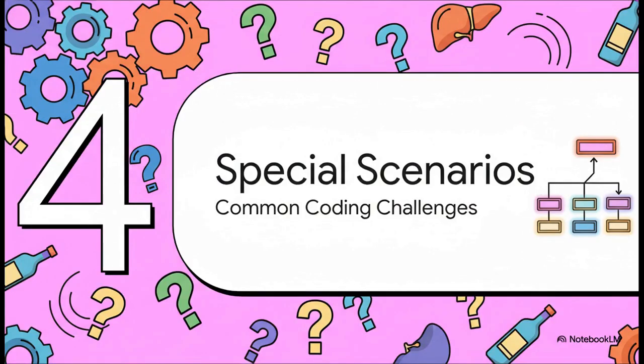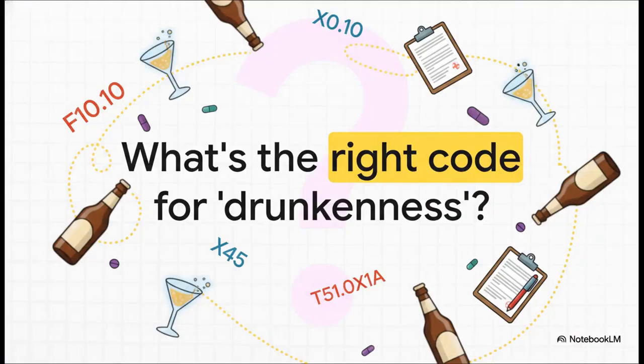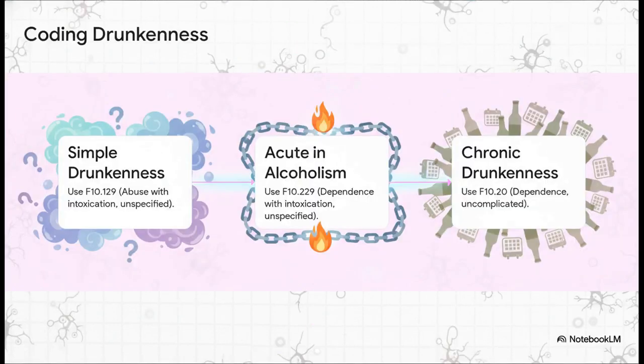Okay, theory is great, but let's get into some practical, real-world situations. This next part is all about tackling those common coding challenges that can sometimes trip us up. Here's one you see all the time. A provider documents drunkenness. Seems pretty straightforward, right? But the correct code depends entirely on the context you find in the rest of the clinical notes. Here's a clear guide for you.